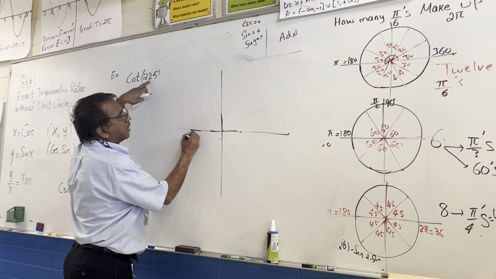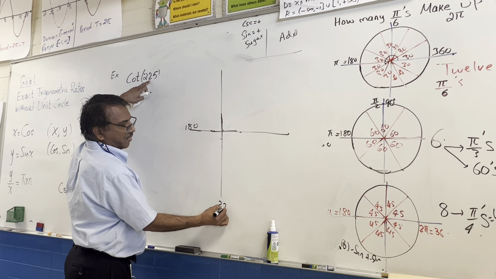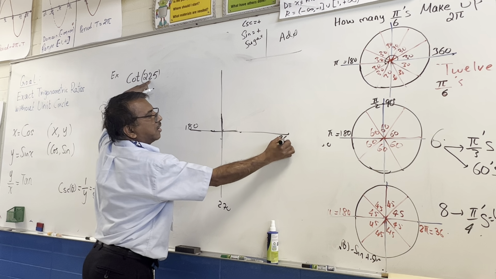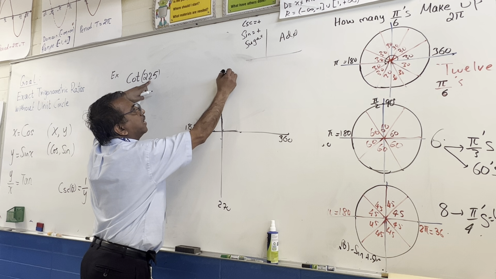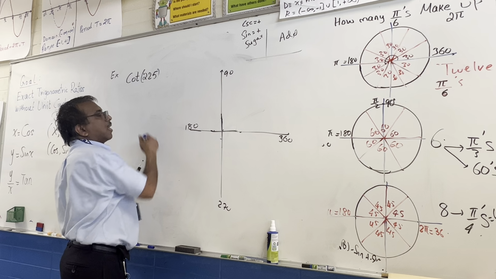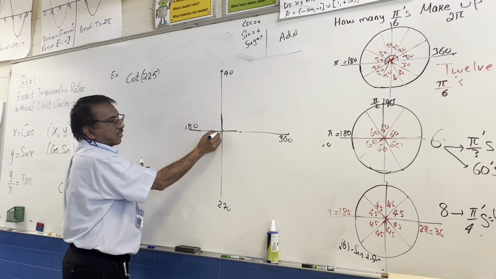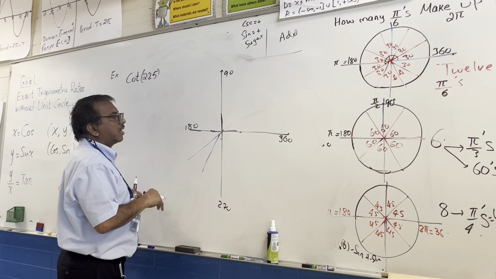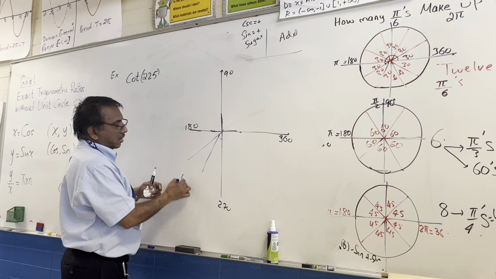By just looking at the landmarks, you know this is 270 and that's 360. Because the angle is given in degrees, 225 degrees will be somewhere here. We don't know where exactly, but at least you know it is in the third quadrant.